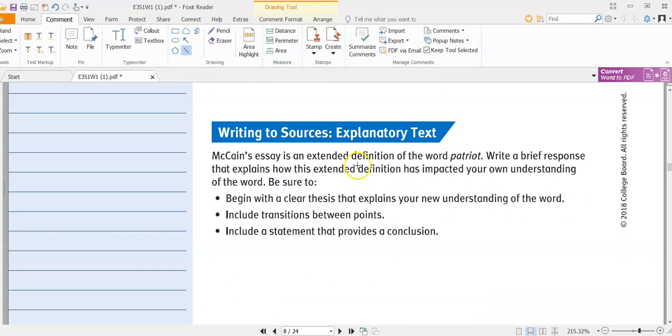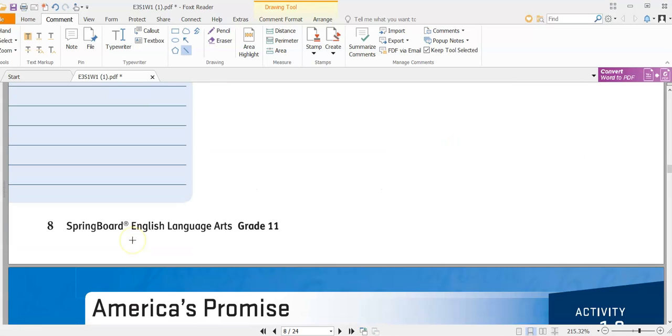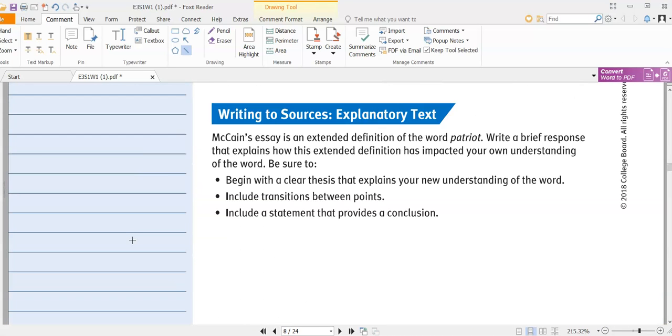Last but not least, it says McCain's essay is an extended definition of the word patriot. Write a brief response that explains how this extended definition has impacted your own understanding of the word. Begin with a clear thesis that explains the new understanding of the word, include transitions between points, and include a statement that provides a conclusion. So this only has to be a few sentences, maybe 3 or 4 sentences, and then that should be the end. I will see you in the next video for activity 1.3.